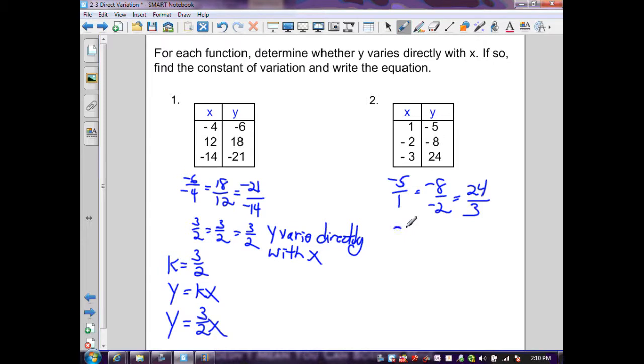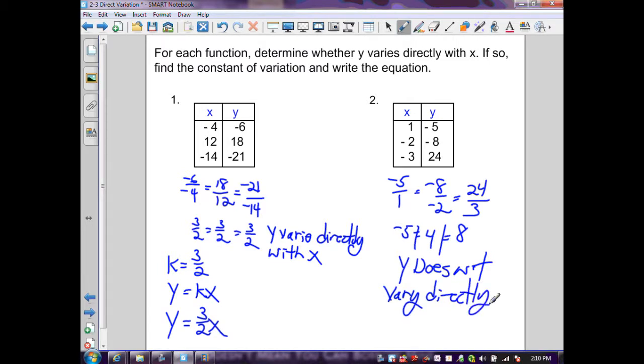Simplifying, I get -5, 4, and 8. These are not equal values. Therefore, y does not vary directly with x.